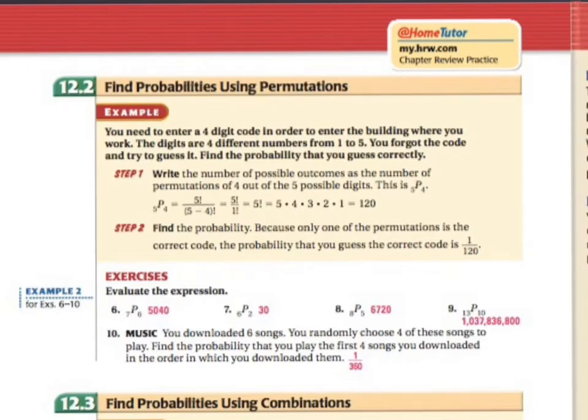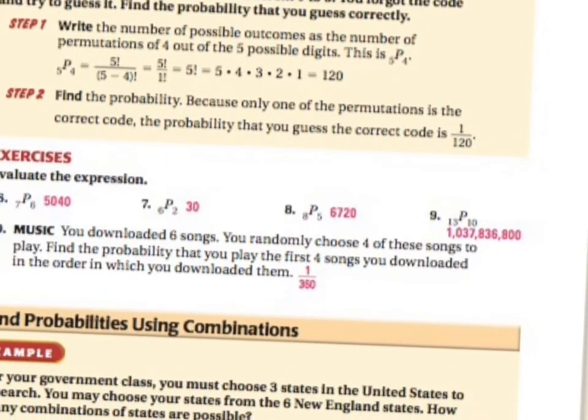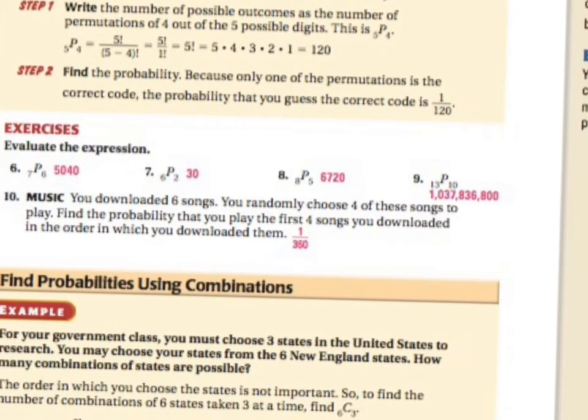Yep. So the bottom, right? We said we need to figure out the sample set. There's 6 songs, which means the bottom would be 6 factorial, right? And then what's the probability that you play the first 4 songs you downloaded in the order in which you downloaded them? So for the first song, how many options are there?